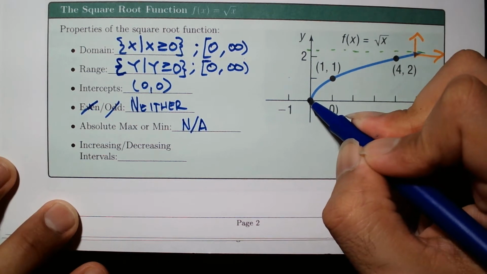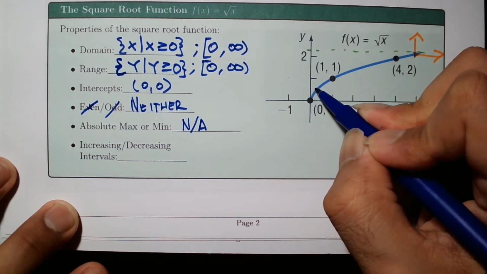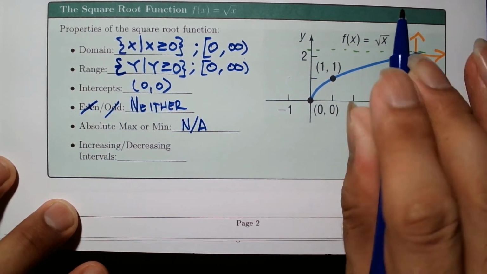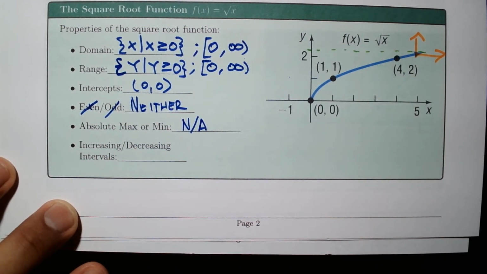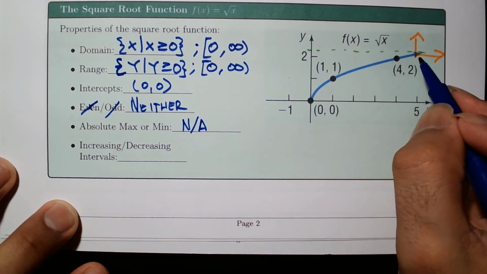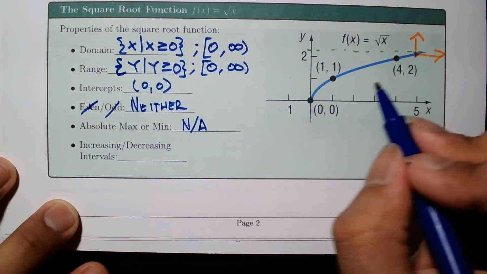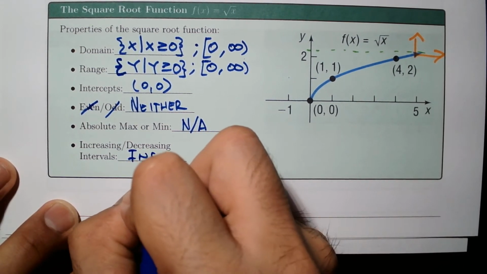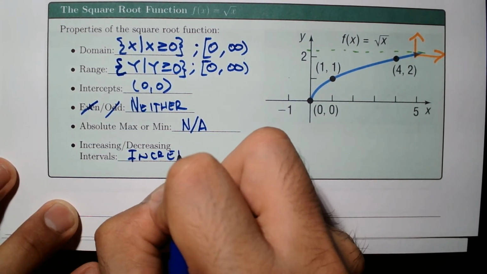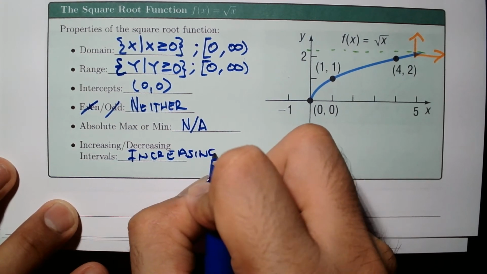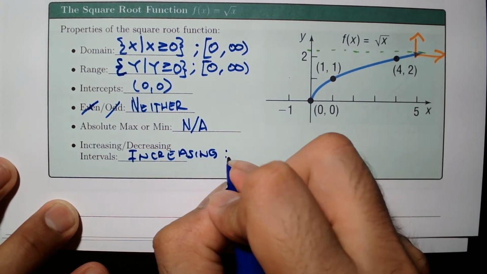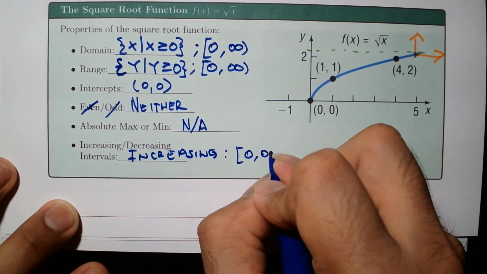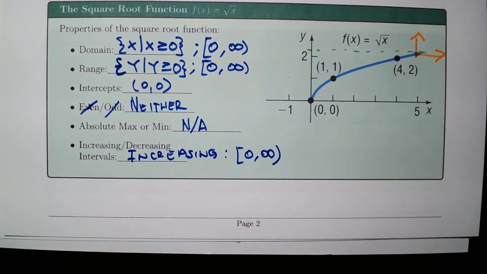It goes up a little bit steeper at the beginning, but later it kind of starts to chill a little bit, but it's still increasing, at a lower rate than at the beginning. So it's increasing in the interval from 0 inclusive to positive infinity.